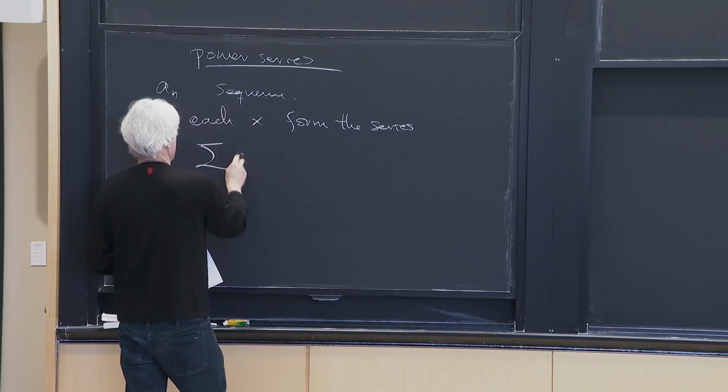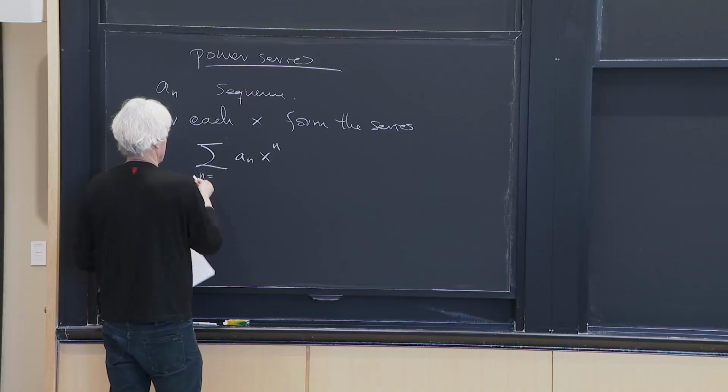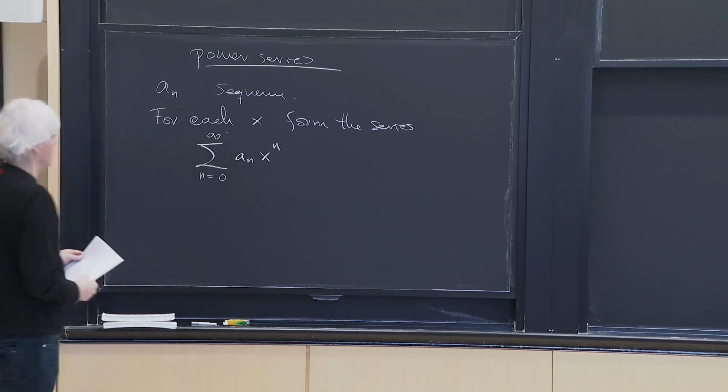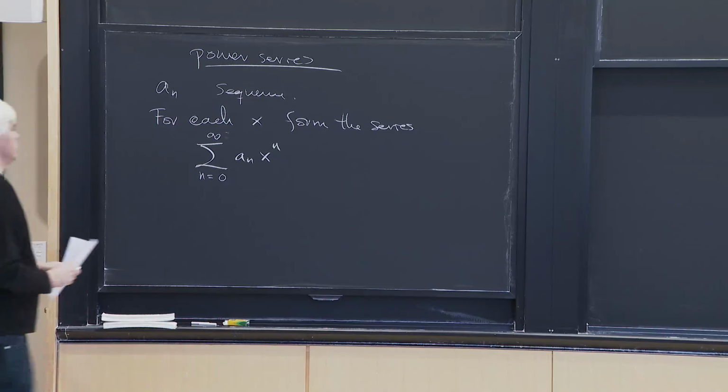The series is where a_n times x to the power n, and then you're summing, you decide somewhere to start, and then you're summing to infinity, like that. So something like this, that's a power series.